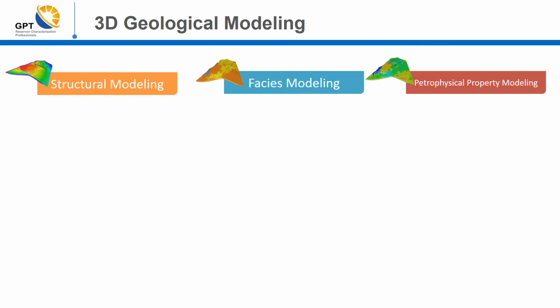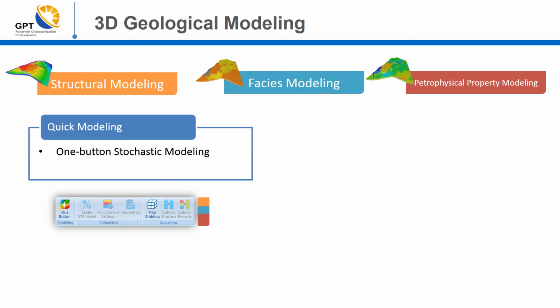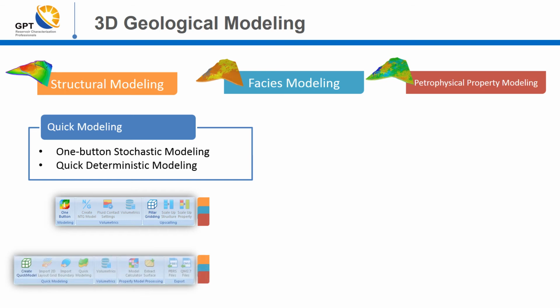What's your facies model and petrophysics model? GES actually provides two solutions. The first one is quick modeling. It contains two modules, one button stochastic modeling and quick deterministic modeling. Both modules give you complete solution for structural model, facies model, and petrophysics model.